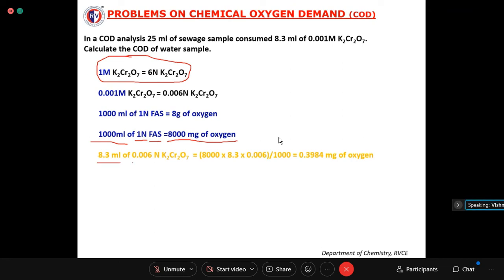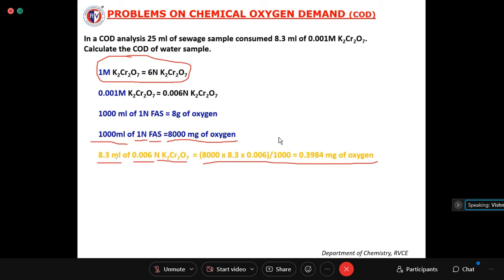Then you can see 8.3 ml of 0.006 normal K2Cr2O7. Then you apply this formula. Directly you will get it by just cross multiplication, nothing else. 1000 ml of 1 normal K2Cr2O7 is equal to 8000 milligram of oxygen.